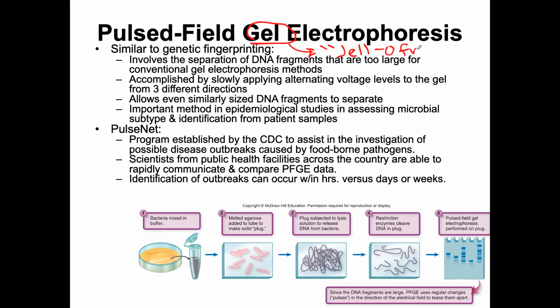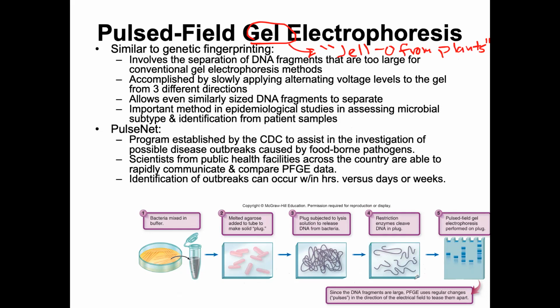But it's made from plants, particularly seaweed. Okay. And what happens when you apply a current to it while it's sitting in a container that has buffer, right, is that the current will pull the DNA that you've isolated from your sample in a particular direction. All right.